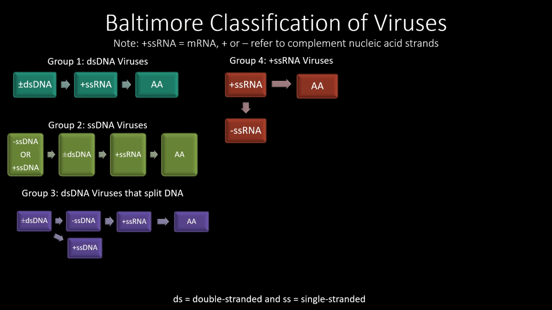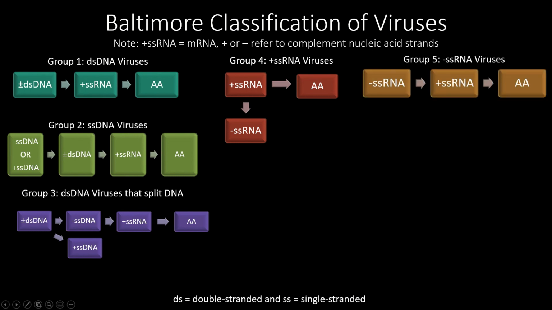So anytime you see positive single-stranded RNA, it can immediately be used as mRNA, and it will serve that purpose. In Group 5, they have single-stranded RNA with negative polarity, meaning that it needs to build the complement positive single-stranded RNA before it can act as mRNA and make amino acids.